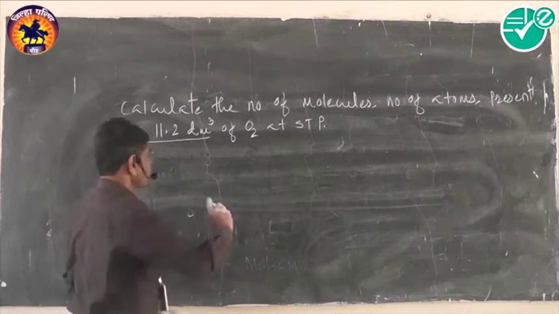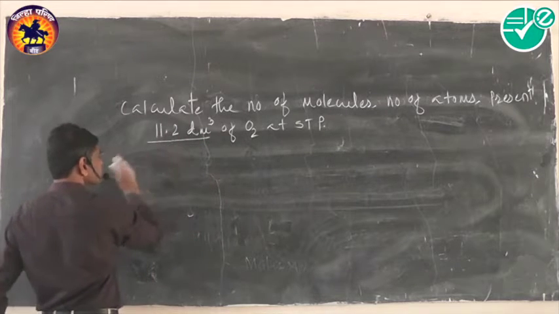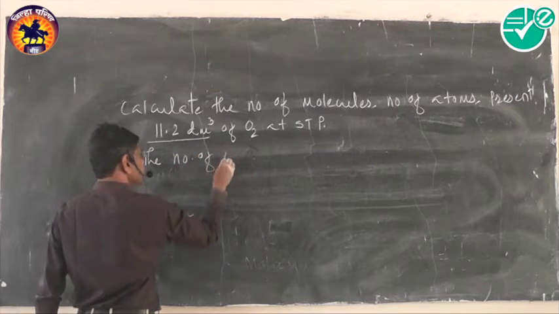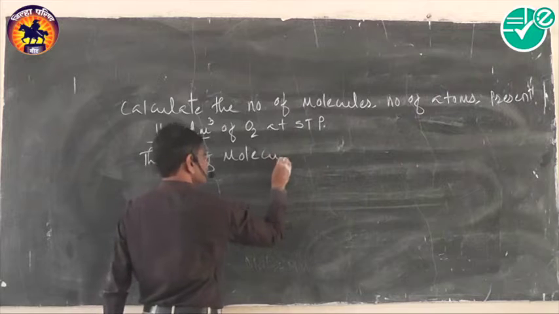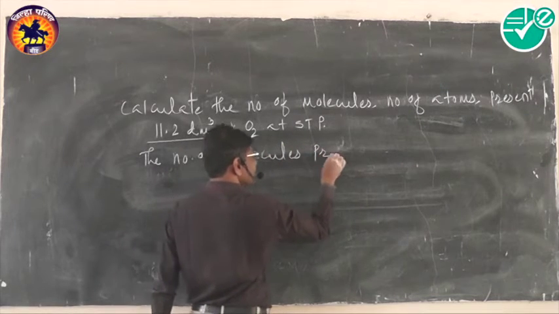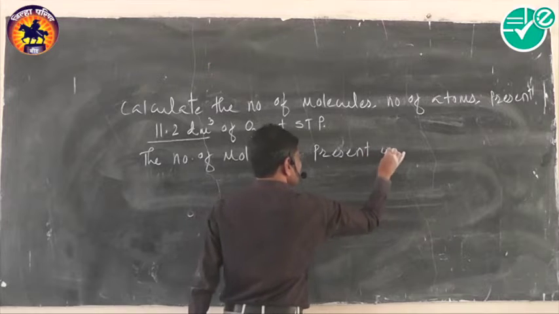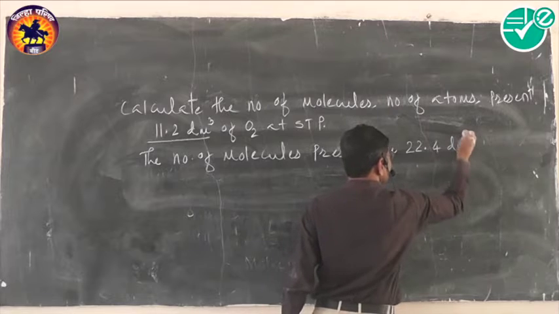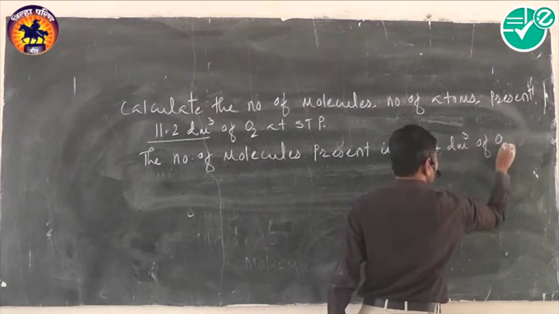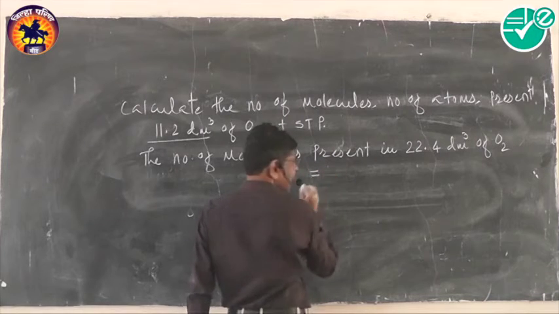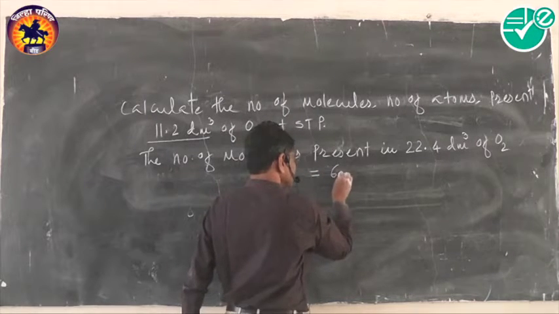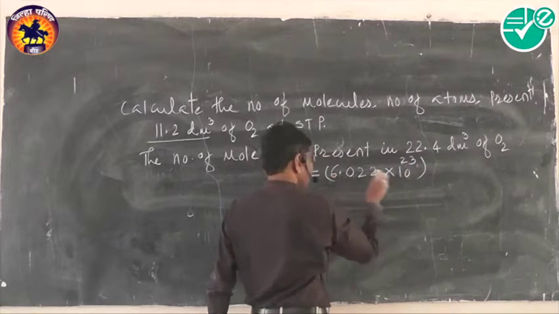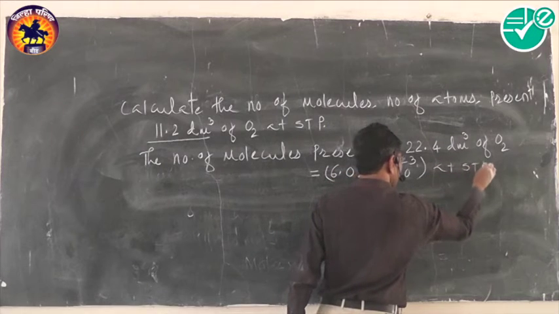Now then experimentally it is observed that, remember, the number of molecules present in 22.4 decimeter cube oxygen is always equal to Avogadro's number, that is 6.022 × 10^23 at STP or NTP.